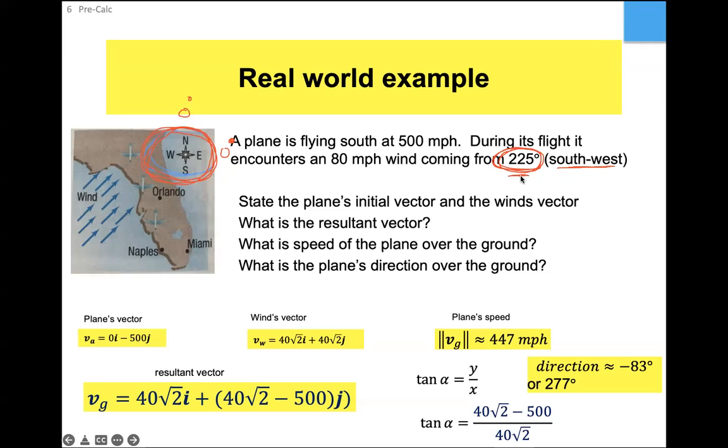They would be giving you degrees in terms of a compass direction, where 180 is directly due south. Luckily for us, we can take that all into account. So 225 on a compass direction is right here, but we know the difference between that compass and the coordinate plane system.